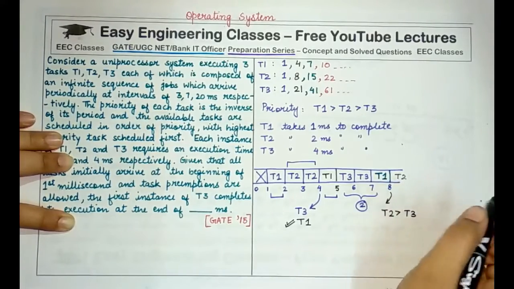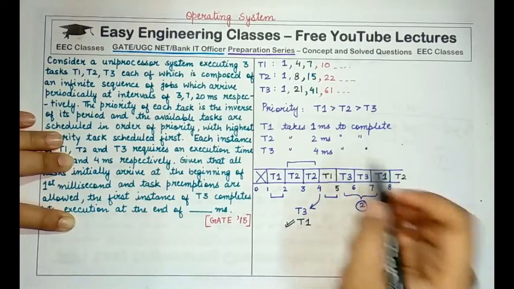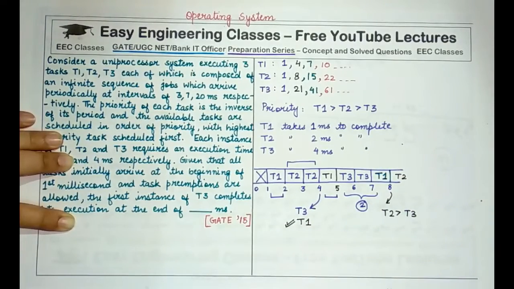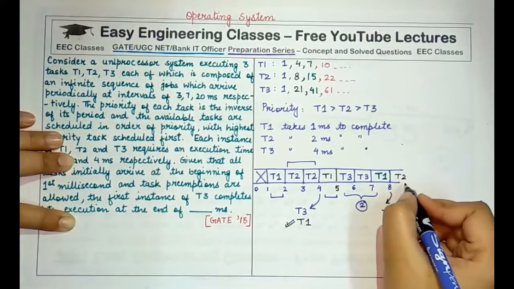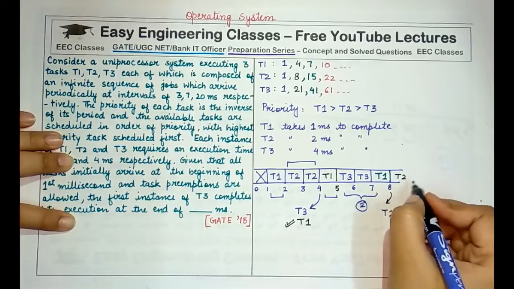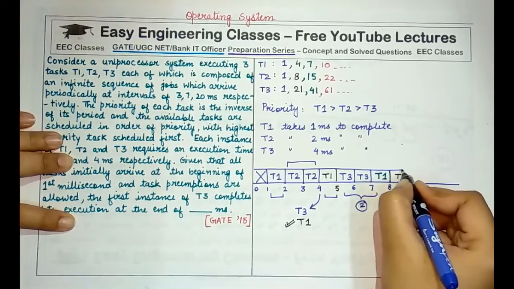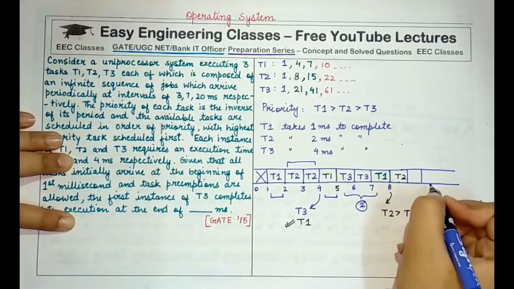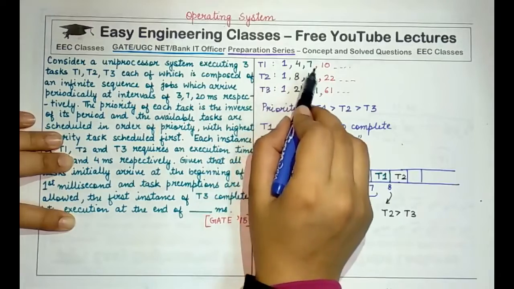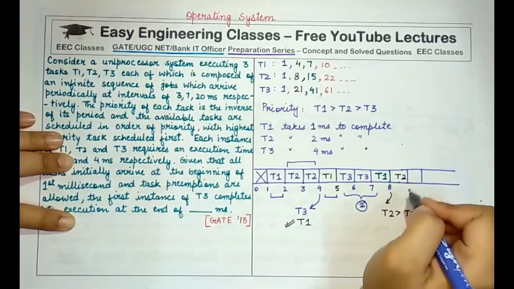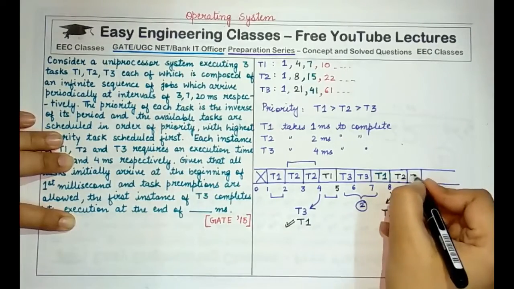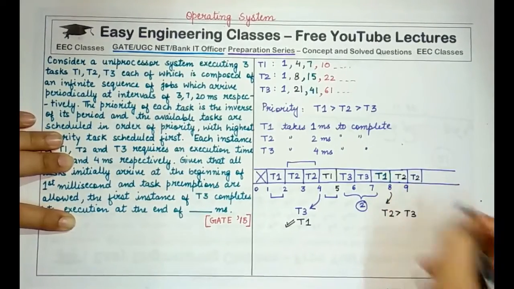T2 takes 2 milliseconds to complete, so we keep executing T2 to its entirety, because there is no higher priority task present right now. So T2 executes for 2 milliseconds till time 10.